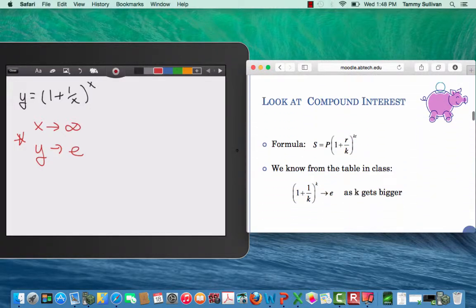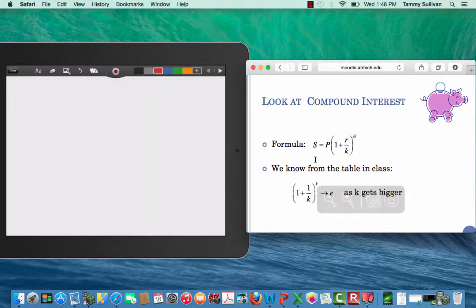So we're going to go back to that compound interest formula. And from the compound interest formula, you know that S is your future value, P is your present value, R is your rate as a decimal, K is how many times it's been compounded in a year, and T is your time.